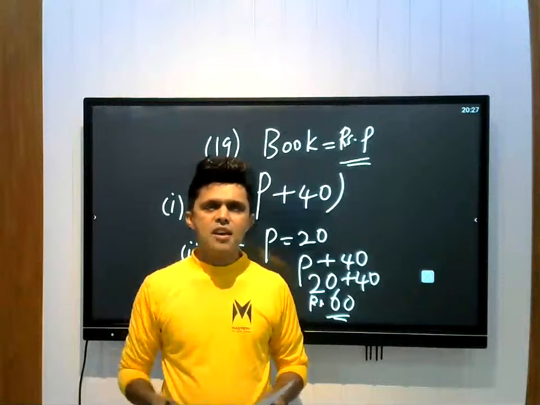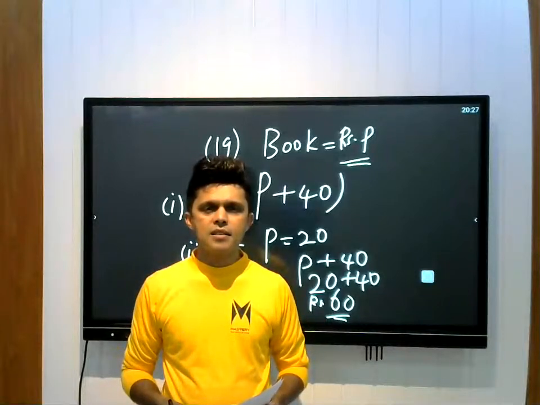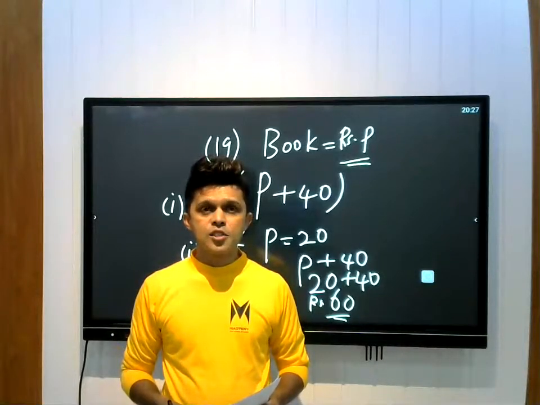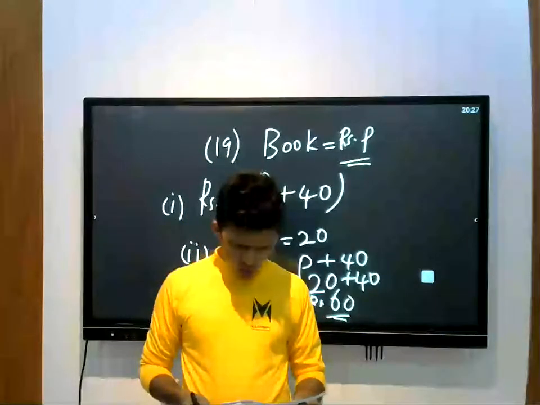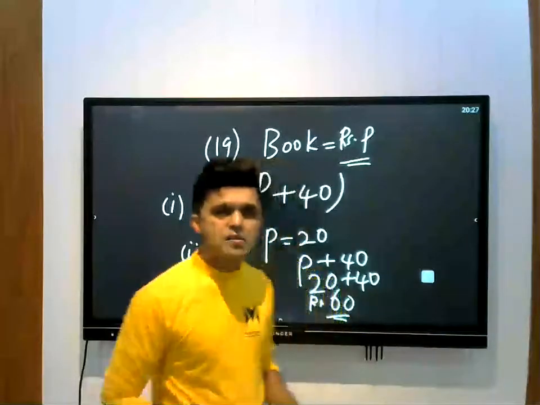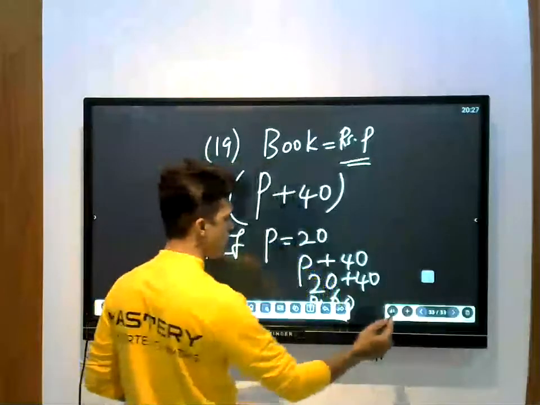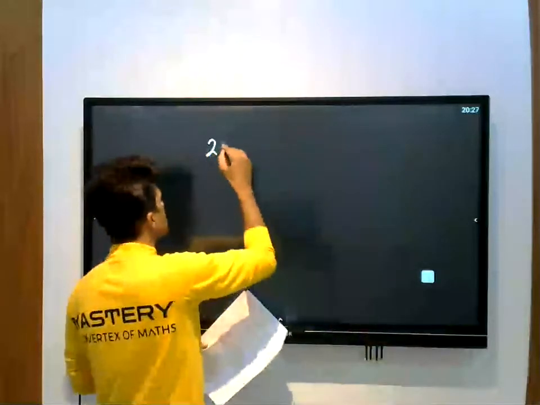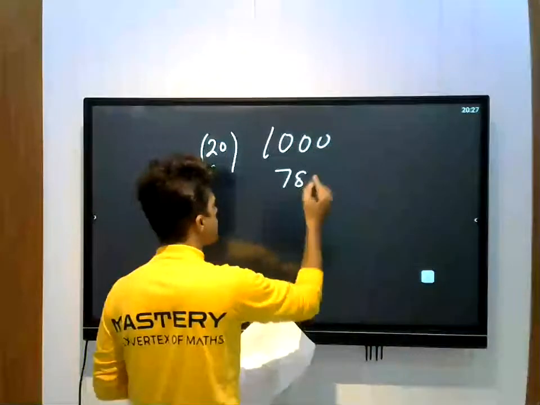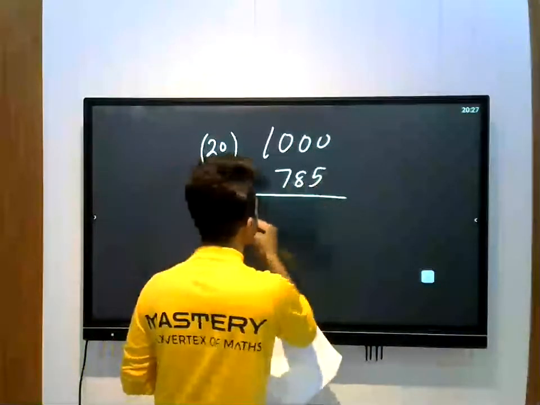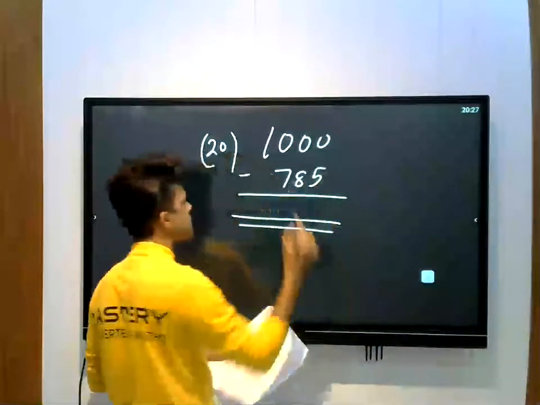The same way can be applied to get the answer for this question. So 1000 minus 785, this is the 20th question.